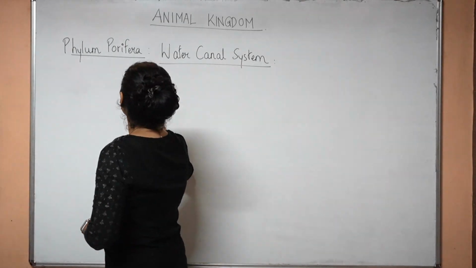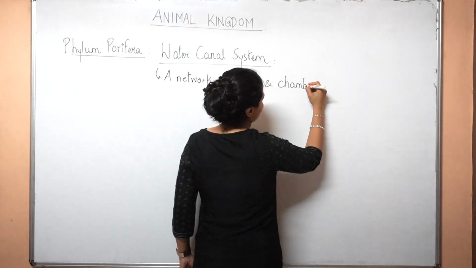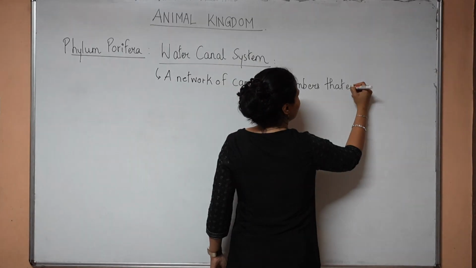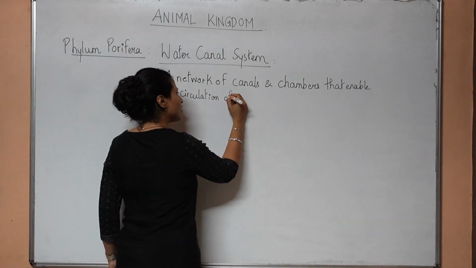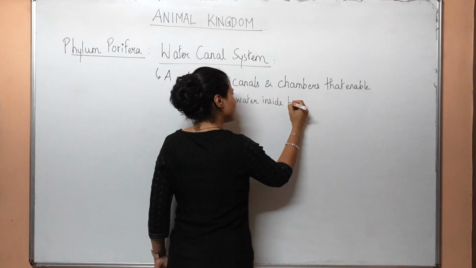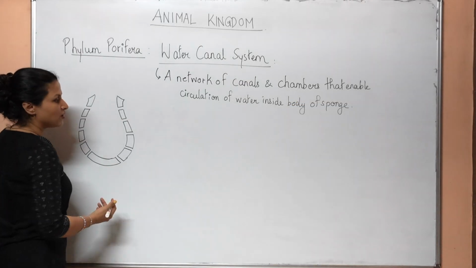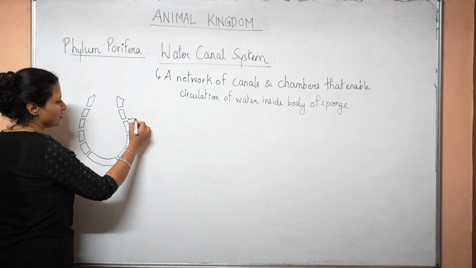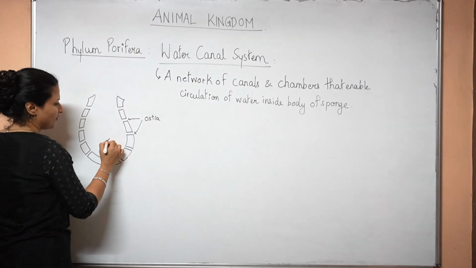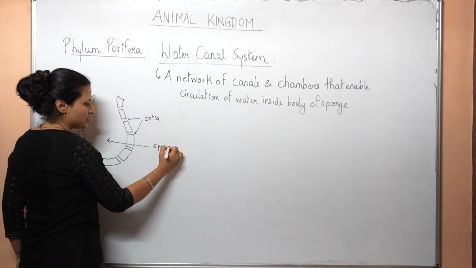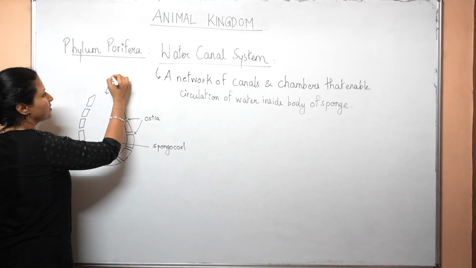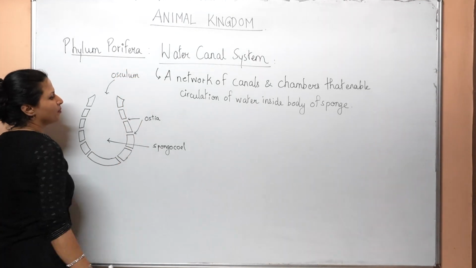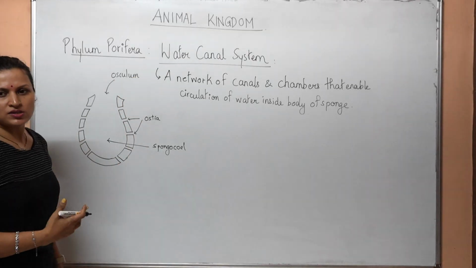We can discuss the water canal system as a network of canals and chambers that enable circulation of water inside the body of the sponge. Look at this longitudinal section. As you can see, these are the ostia, and the cavity inside is the spongocoel, and this opening on top is the osculum, a single opening. Ostia are many, osculum is just one.